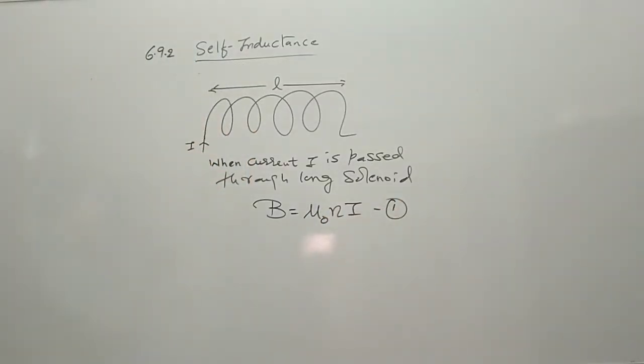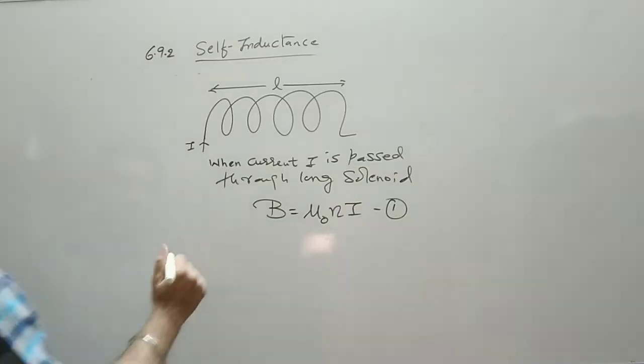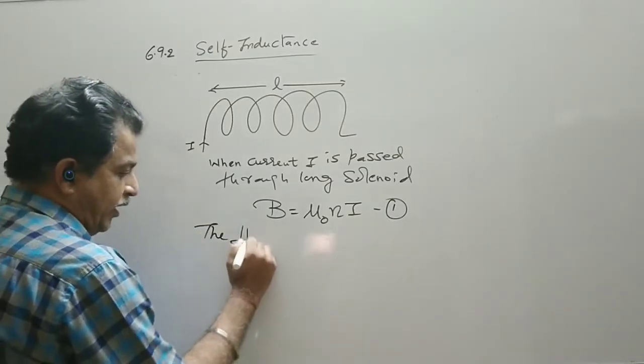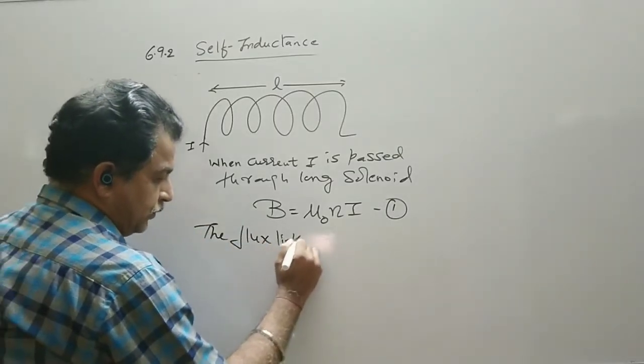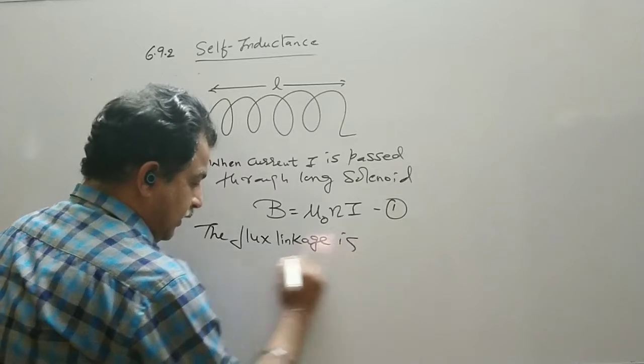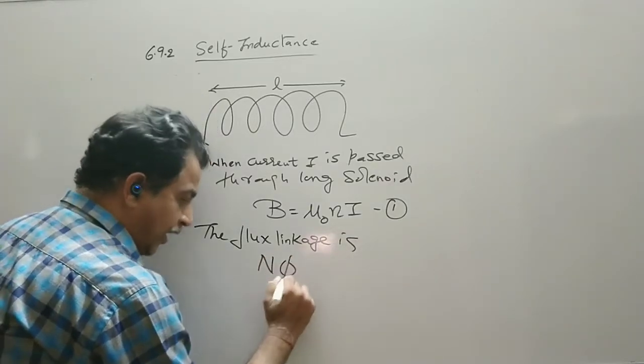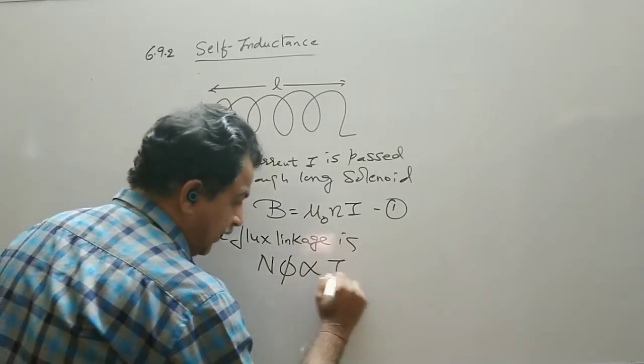Now again, the flux linked with the solenoid will be written as N times phi. That is the flux linkage. So the flux linkage, N phi, is proportional to I.